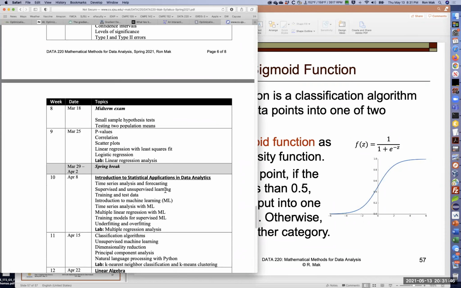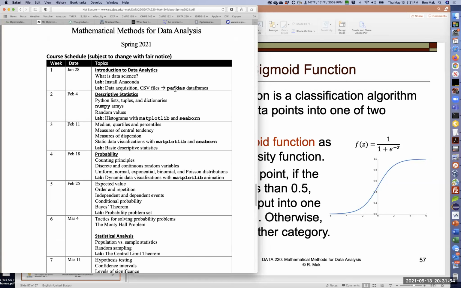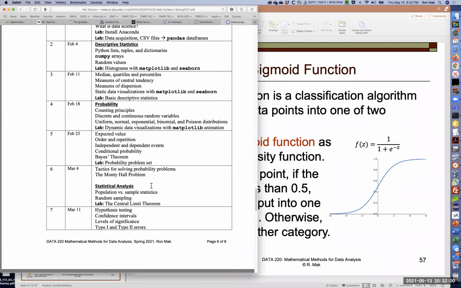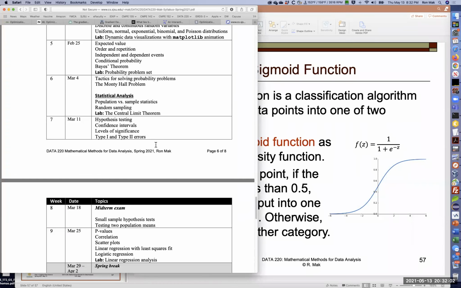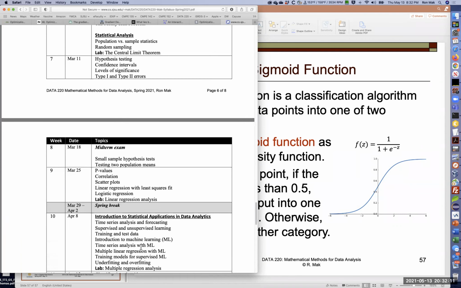Mostly it was statistics. We spent a lot of time on probability and some basic statistics in the beginning, and then we started getting into statistical analysis, and most of that ended up in the second half. And then I gave you some examples of machine learning.